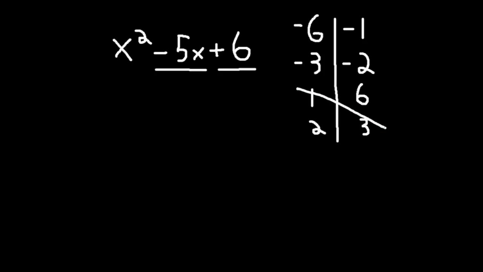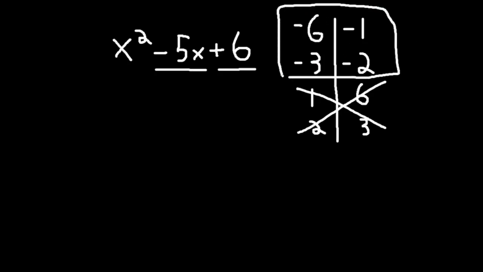So we can immediately eliminate any positive pairs, because no matter how much adding you do, they'll never equal a negative number. However, up here at our negative pairs, we know negative 3 and negative 2, add them together, you get negative 5. So once again, you just plug it straight in, leaving an x plus or minus one of the terms, and then another x plus or minus one of the terms.